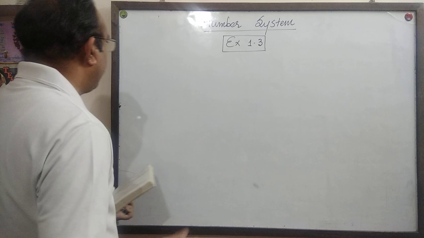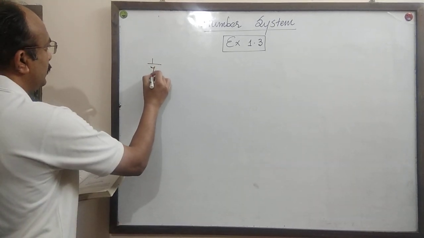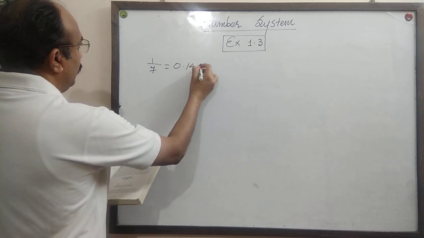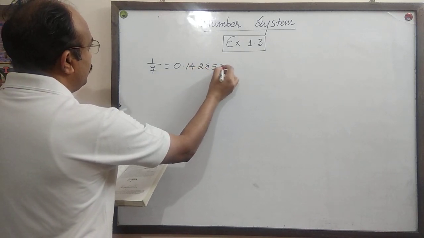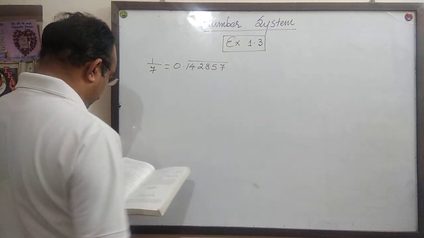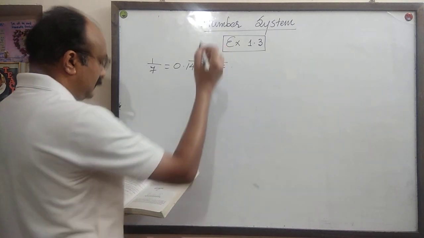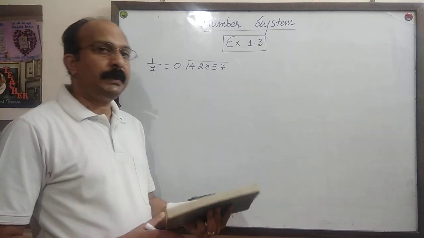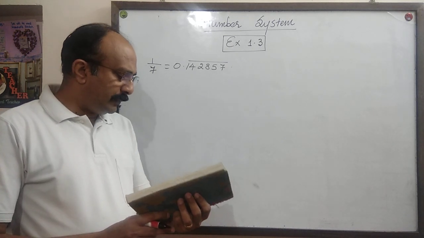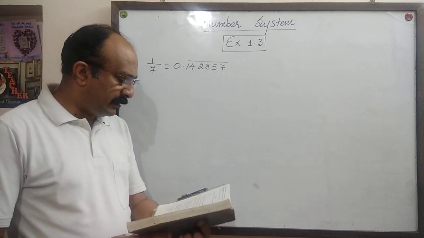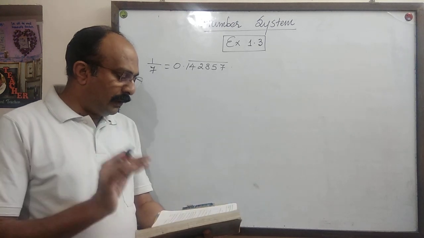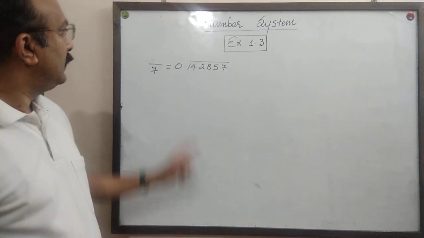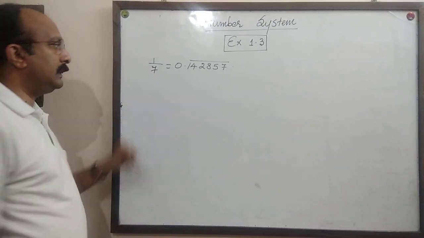Given 1 upon 7 is equal to 0.142857 bar. Question: can you predict what the decimal expansions of 2 upon 7, 3 upon 7, 4 upon 7, 5 upon 7, 6 upon 7 are without actually doing the long division? If so, how?